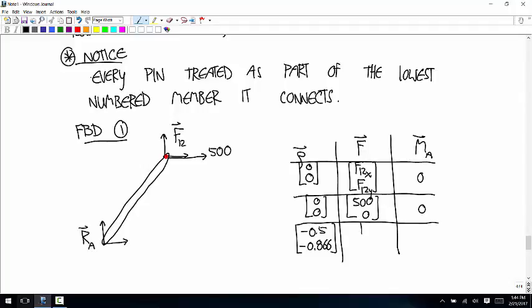The force vector is RAX, RAY. And the cross product says negative 0.5 RAY plus 0.866 RAX.